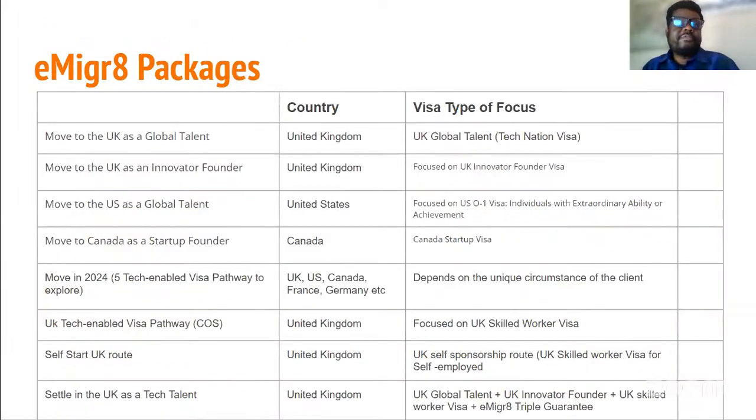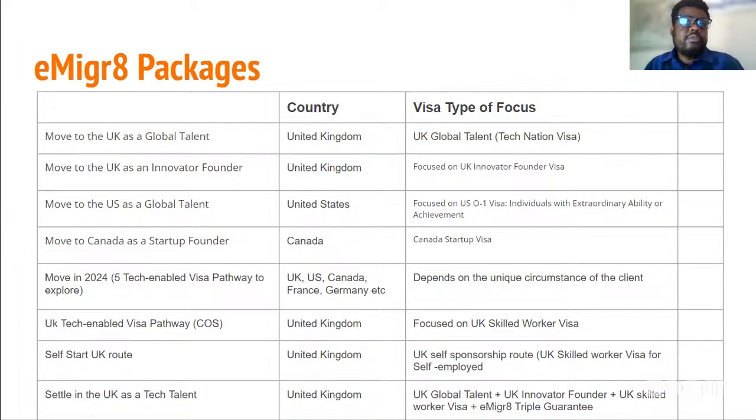We do have packages that we've covered, and this is by no means an exhaustive list. It's just a screenshot of what we do have in our community. We have packages like move to the UK as a global talent. This is the UK Global Talent Visa, otherwise called the Tech Nation visa. We do have move to the UK as an innovator founder, which is focused on startup owners and business owners who are looking to move their business to the UK.